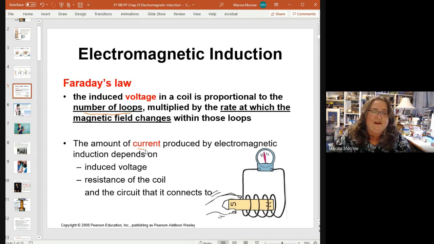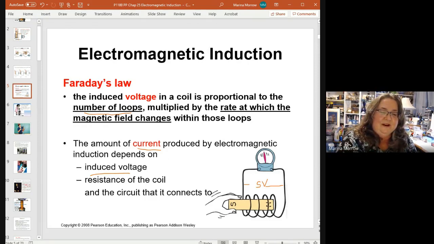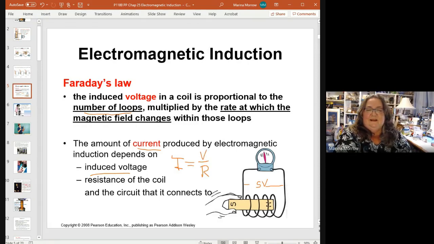Now, how much current do you get? That depends on how much voltage you induce. So let's say that you induce 5 volts. Okay, and then maybe you've got a 1 ohm resistance. Then you've got 5 volts, 1 ohm of resistance in the circuit, and we can use Ohm's law to get the current. Current is going to be voltage divided by resistance.